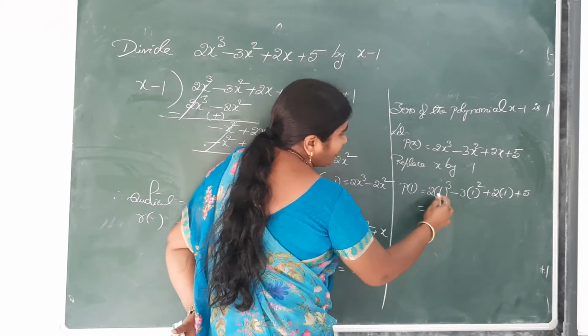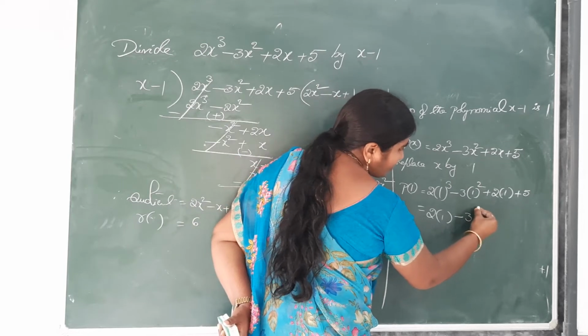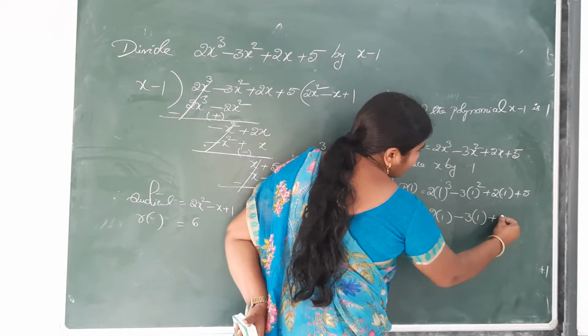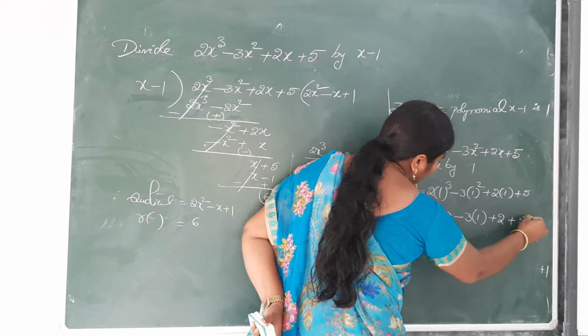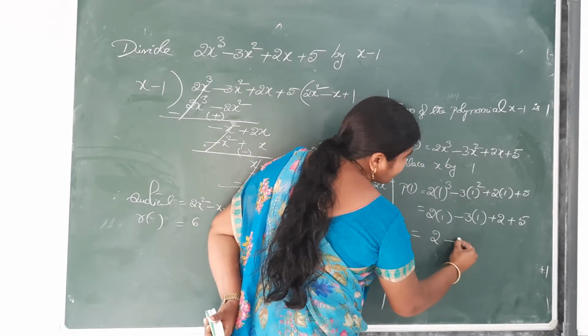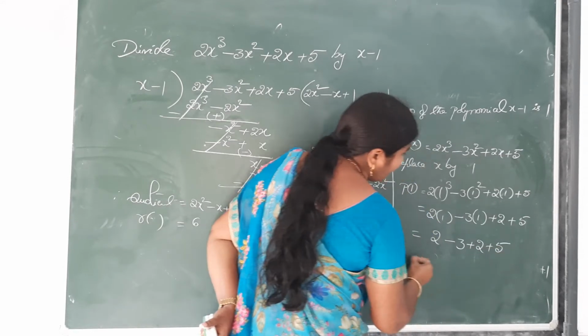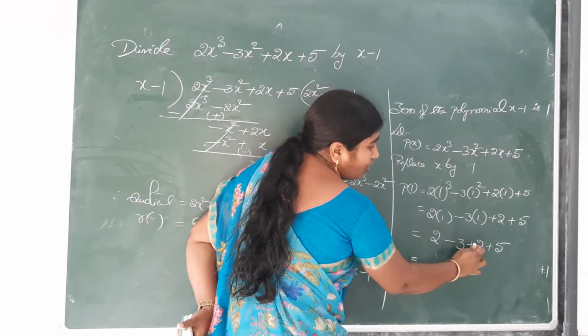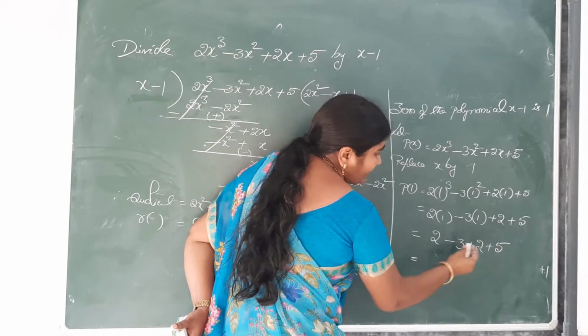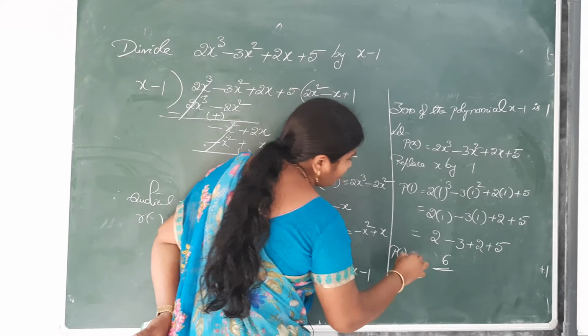That equals 2 minus 3 plus 2 plus 5, which is 2 plus 2 is 4, plus 5 is 9, minus 3 equals 6. So p of 1 equals 6.